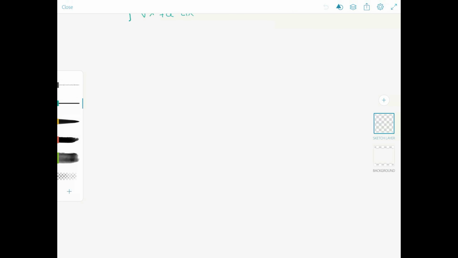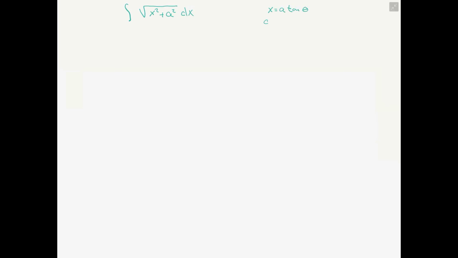Here's a problem that we've seen before, and we're not going to go through the full solution because we've already done this. Because we have x squared plus a squared, we're going to say x equals a tangent theta. Therefore dx equals a secant squared theta d theta.